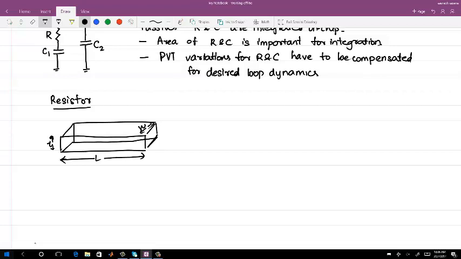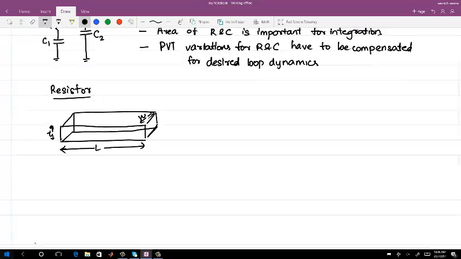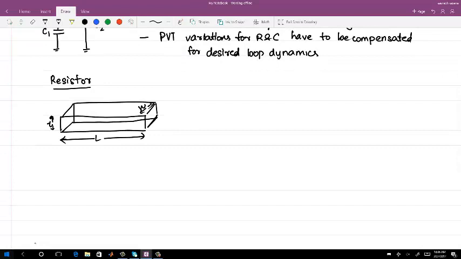Any material I am talking about right now, I'm not commenting on what this material is. So the resistance of any material which has the following dimensions is defined as the resistivity times L over A. The unit for this is ohm, and it is rho times L over W times T.